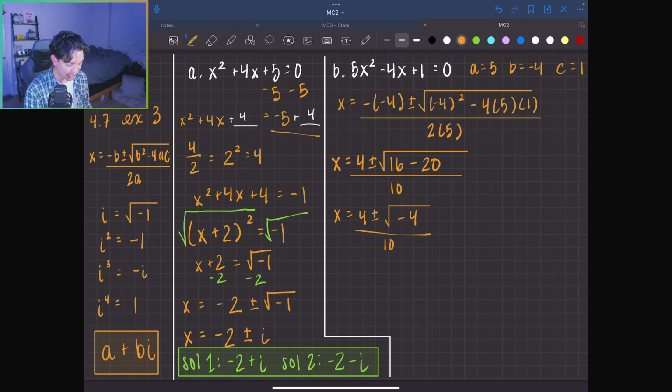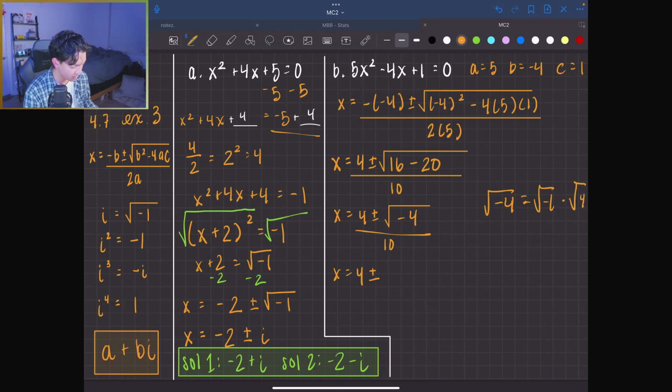All right, so I have here 4 over 10. We could simplify that. Actually, no, let's not simplify that yet. Over here, notice we have a root negative 4. So remember, let's go ahead and simplify this. What is this the same thing as? x equals 4 plus or minus, well, we know that root negative 4 is the same thing as root negative 1 times root 4.